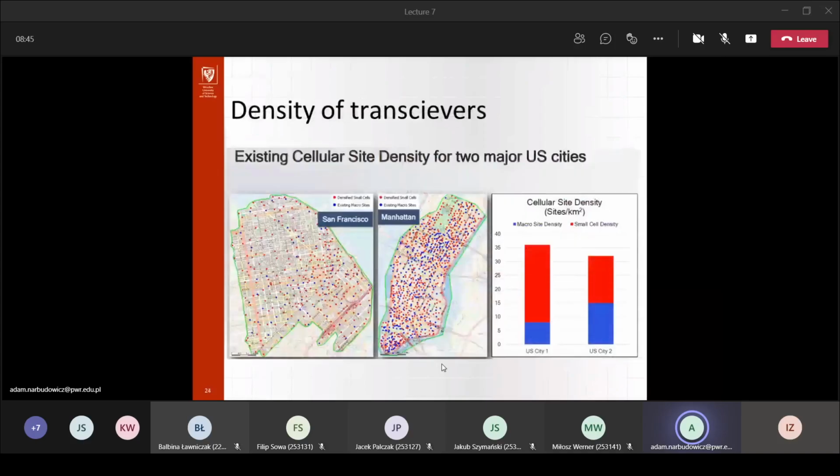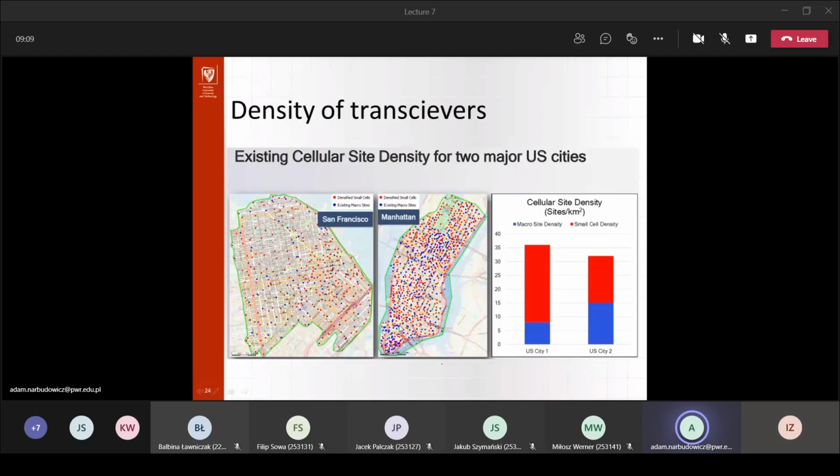All right. Moving on from the radio receivers, we are now dealing with the density of base stations in two cities in the US. One case was studied in an American city.